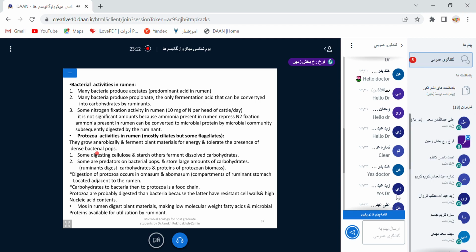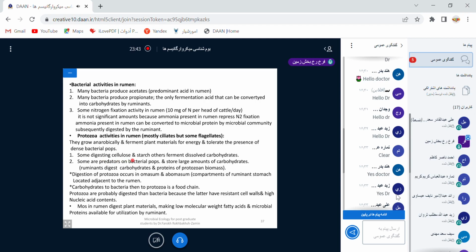So protozoa have two sources of food: what the cow eats, plant materials, and all bacteria present there. So they feel very well. Their foods are ready made and there is full of food for protozoa.